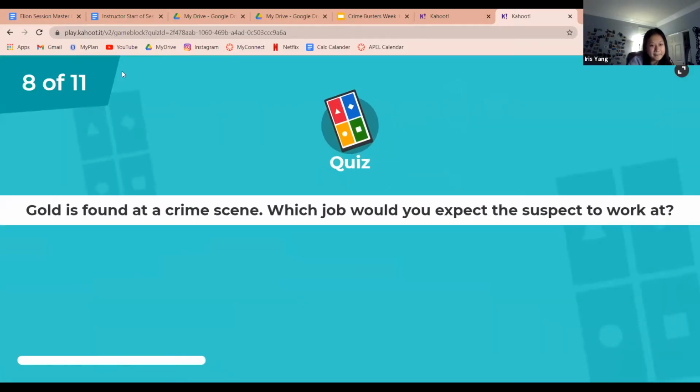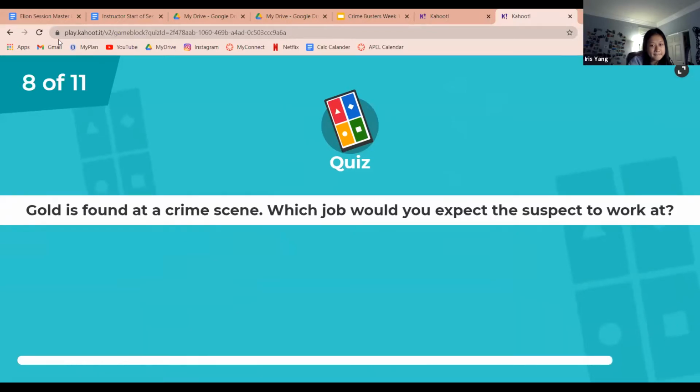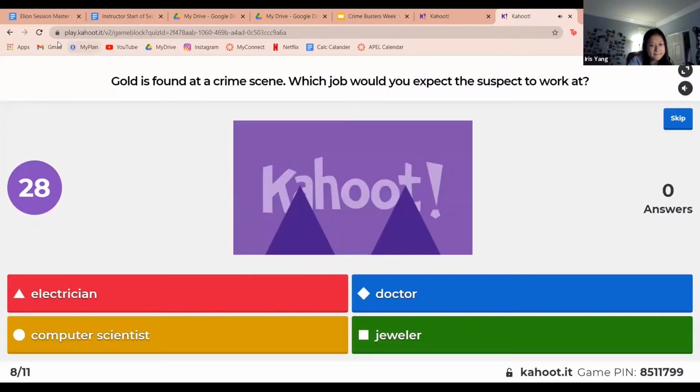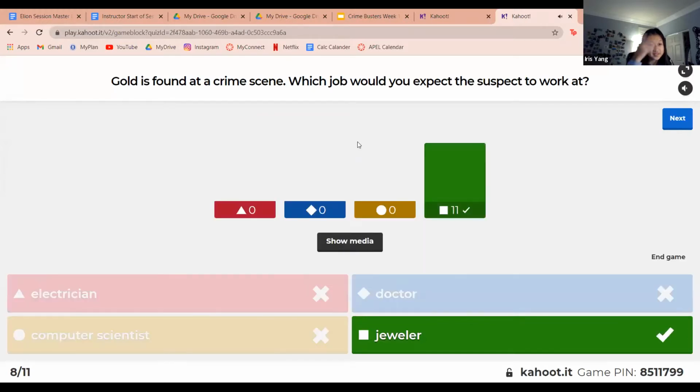Next question. Okay, pretty easy, right? Because gold is used for jewelry, so jeweler, that's a hard word to say.